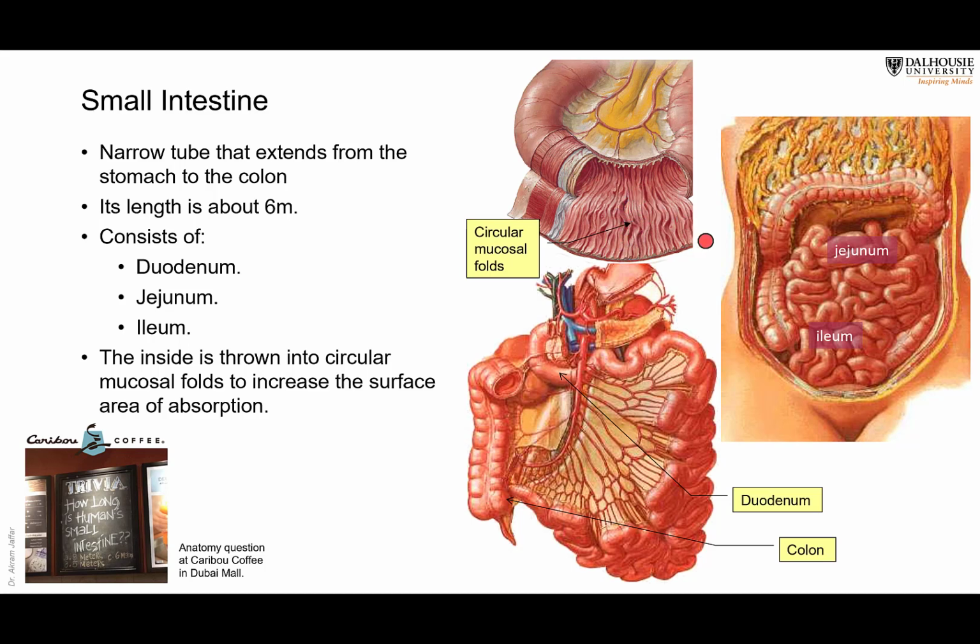Remember, these are not rugae. These are circular folds. The small intestine is mainly for absorption, so these folds increase the surface area for absorption, in addition to other structural features, which we are probably going to study in histology, that you can only see by the microscope, like the villi and the microvilli.